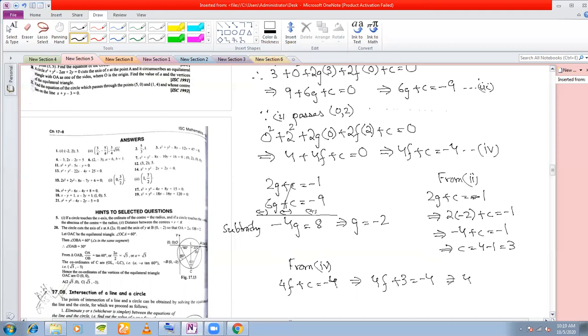That means 4f is equal to minus 7. That means f is equal to minus 7 by 4. So you get the value of f as minus 7 by 4.